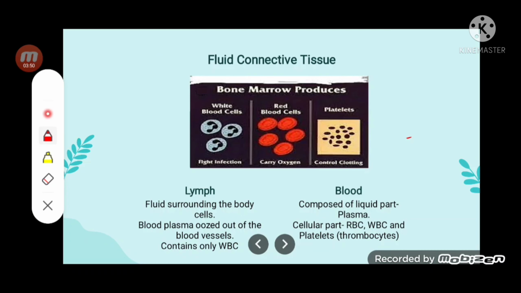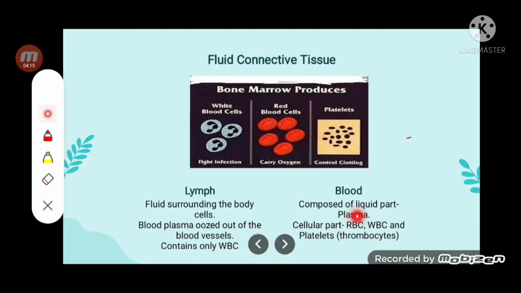Now the fluid connective tissue, as the name suggests, here fluid means they will be in the form of liquid. So they consist of lymph and blood. So what does blood consist of? It is composed of a liquid part called plasma, means the base liquid of the blood is plasma. And it has three kinds of cells.